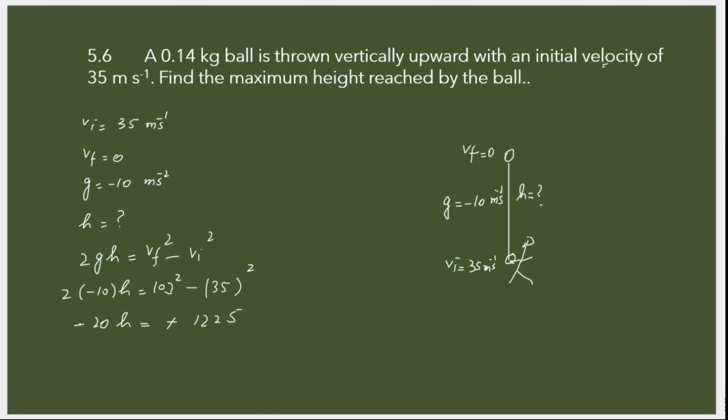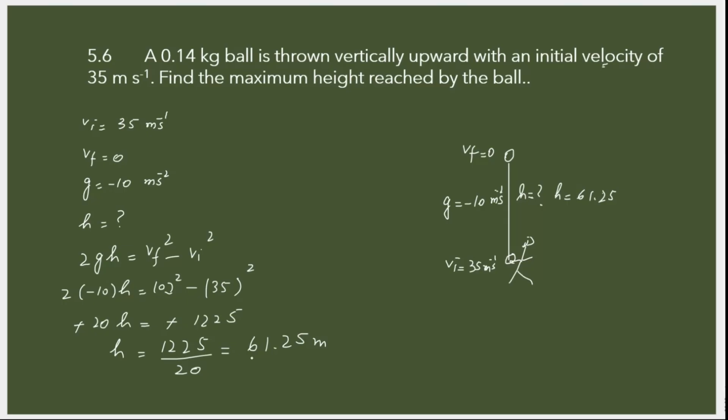Cancelling negative on both sides and dividing by 20, 1225 divided by 20 will give us 61.25 meters. So the ball will go to a height of 61.25.